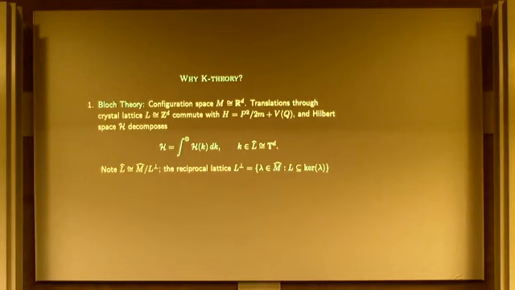There's a repetition as you translate through the crystal lattice, and those translations commute with the Hamiltonian, and the Hilbert space decomposes into a direct integral of bits, which are labelled by the dual, Pontryagin dual of the lattice group, which is a torus of the same dimension.